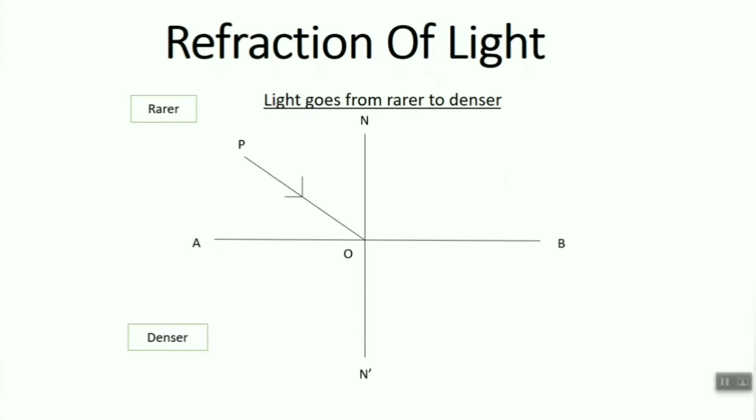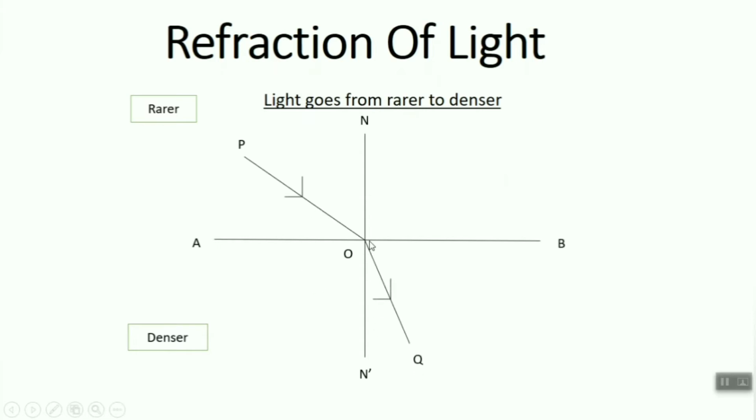We can easily understand how the light is bending. So this perpendicular is called normal, and the ray of light that is falling on the surface of separation at the point of separation, this ray is called incident ray.